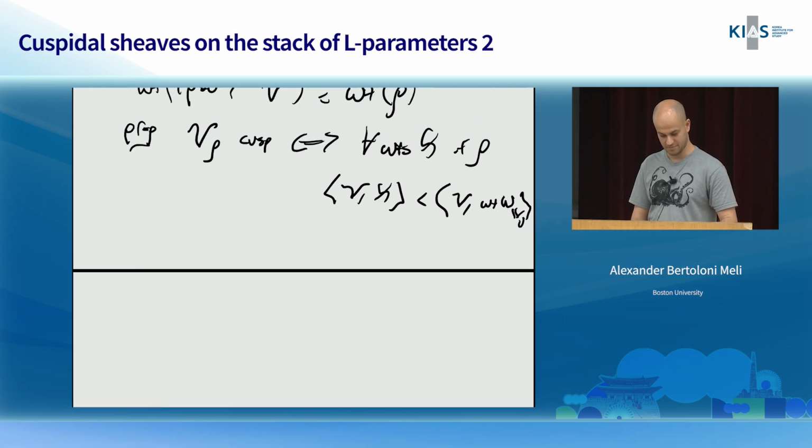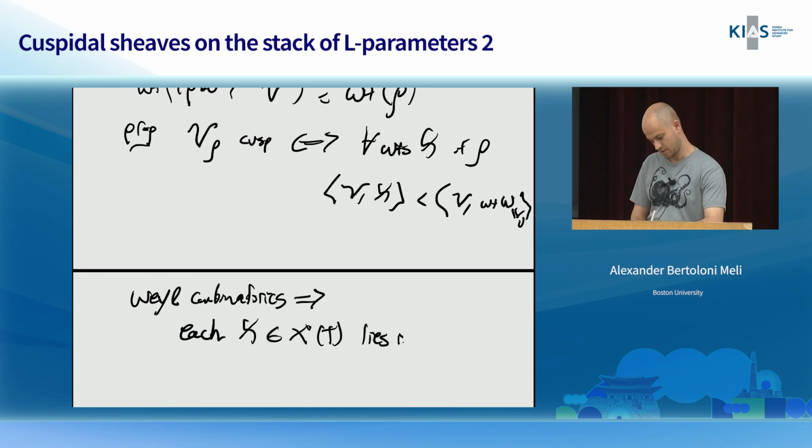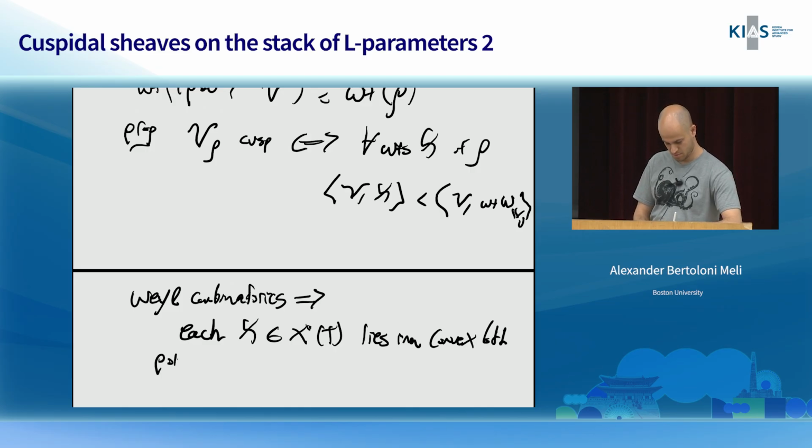And I'll say Weyl combinatorics implies that each chi lies in a convex bounded polytope that I'll call P-cusp.